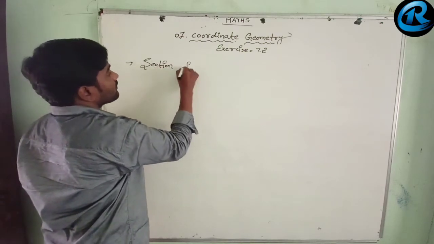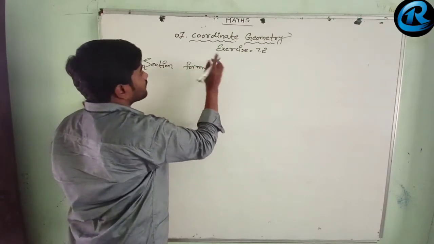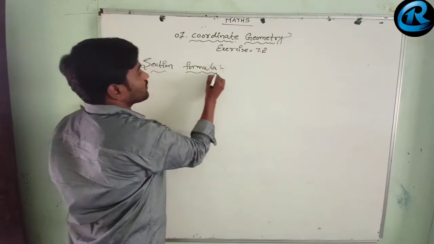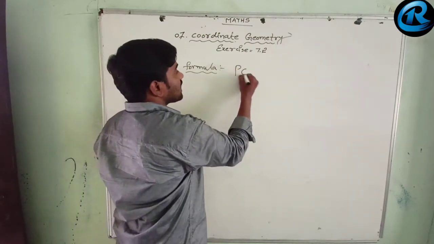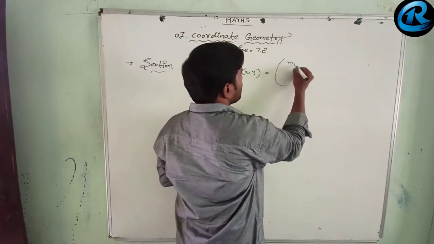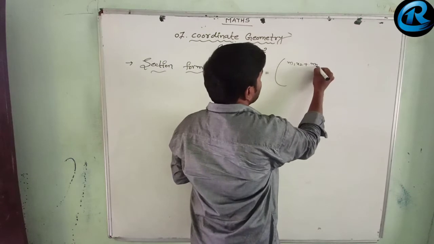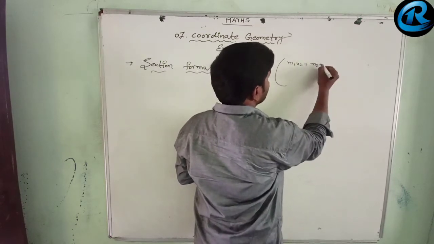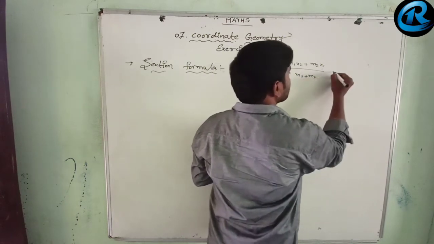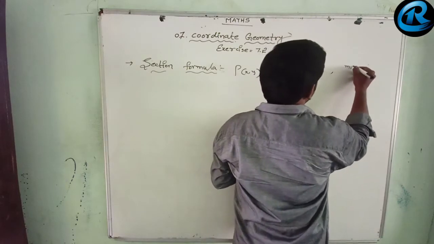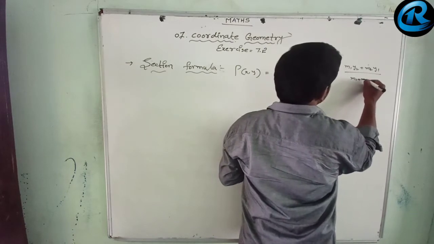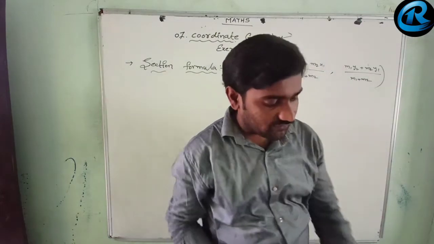Section formula. What is this section formula? Section formula is that P(x, y) is equal to (m1 x2 plus m2 x1) by (m1 plus m2), comma, (m1 y2 plus m2 y1) by (m1 plus m2), and this is the section formula, children.